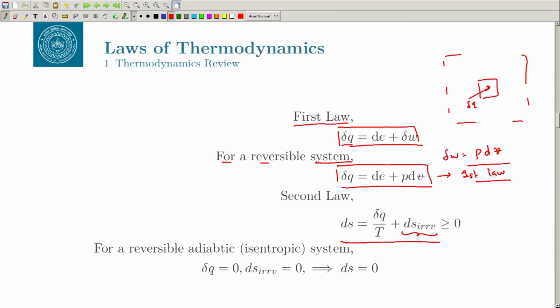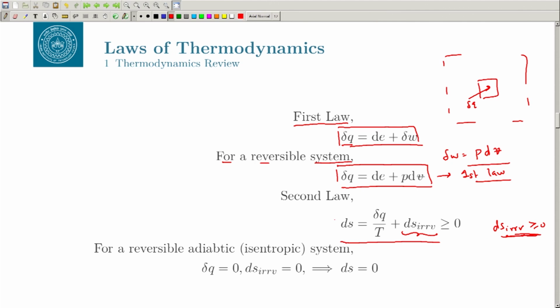The ds irreversible will be greater than or equal to 0. So, overall, even if there is no heat transfer, because of this dissipation your entropy may increase.